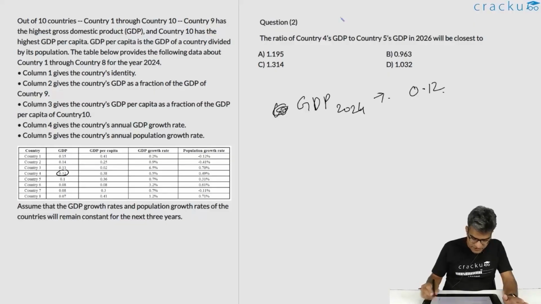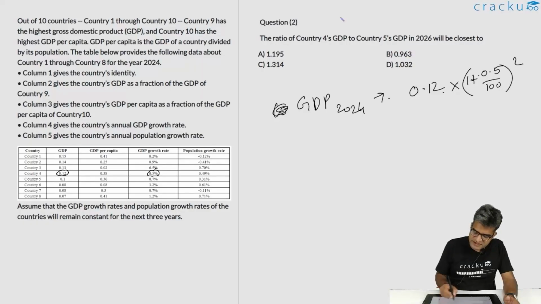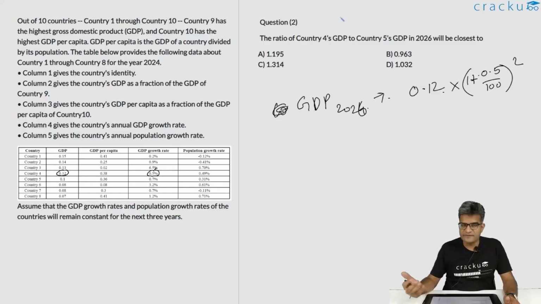What is the GDP growth rate? It is 0.5%. So if you're multiplying, because we want to calculate the GDP in 2026, it will be basically 1 plus 0.5 divided by 100, whole square. This is the GDP in 2026 of country 4.